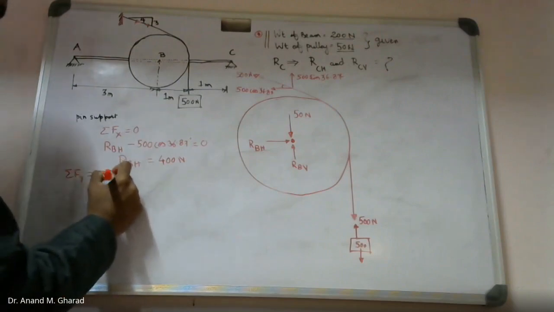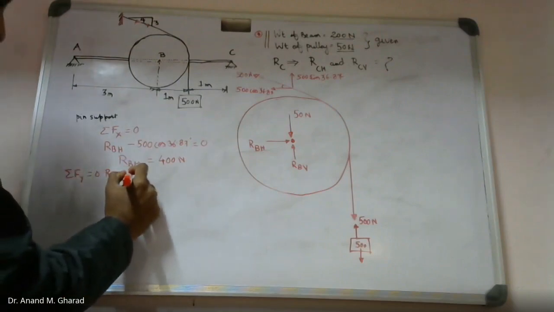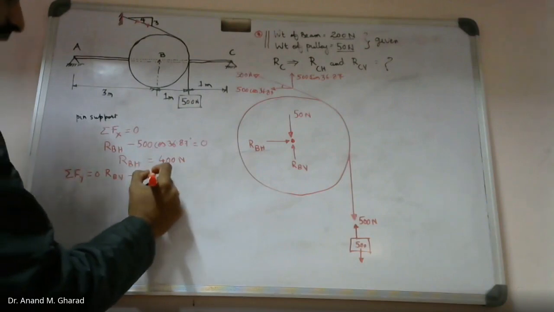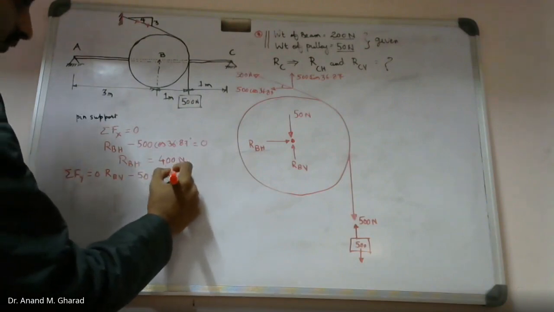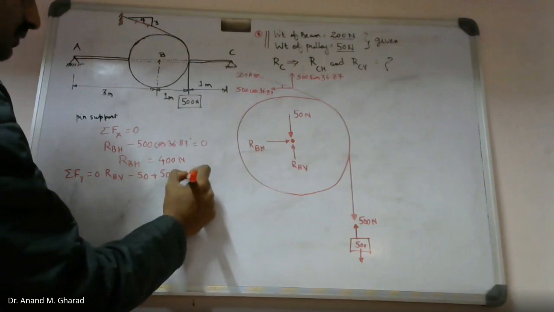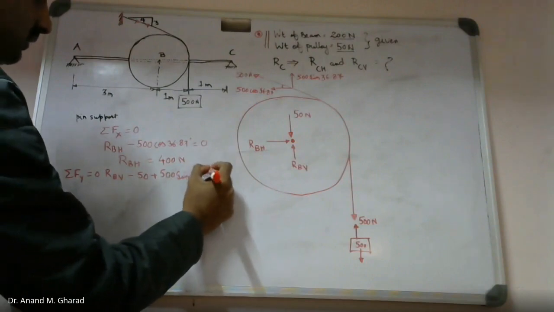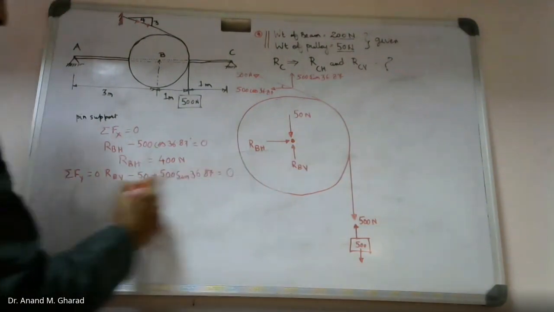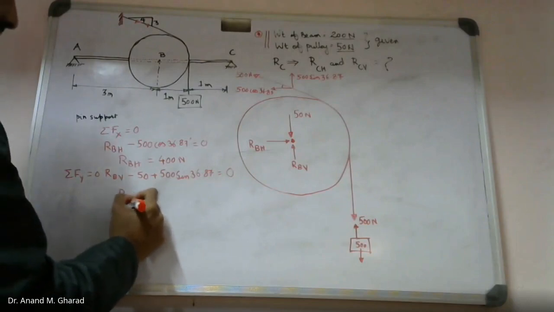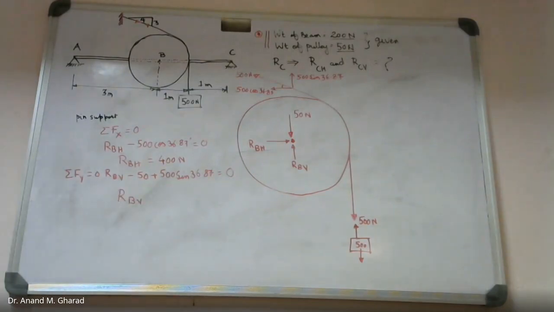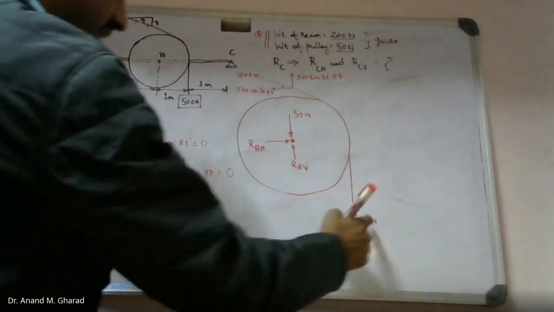Okay. Similarly, summation of forces in y direction equal to 0. So RBV minus 50 plus 500 sin 36.87 equal to 0. How much was RBV? Sir, 500 also has to be considered. Yes. One more. Yeah, correct.